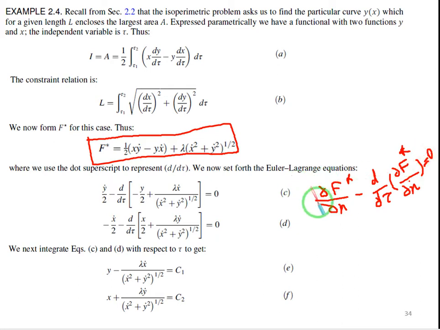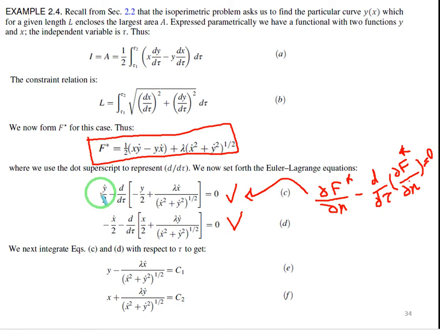If we do the derivation, it's very easy, we can easily reach equation C, and we can do the same for y. We can say that the partial derivative of f star with respect to y minus d over d tau of the partial derivative of f star with respect to y dot is equal to 0, and we can reach these differential equations.